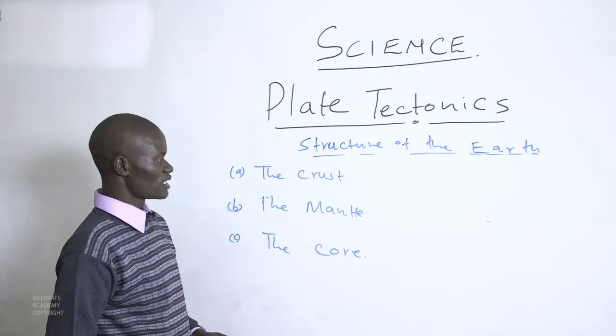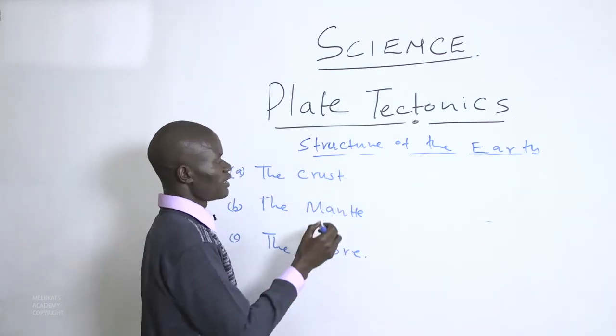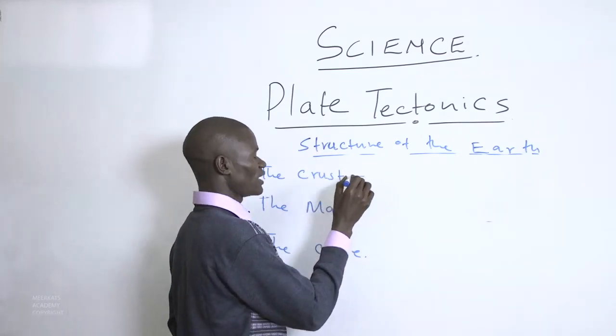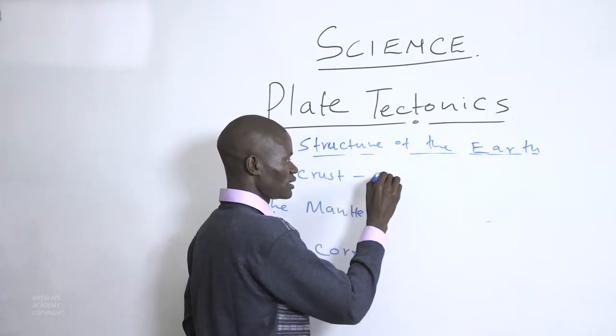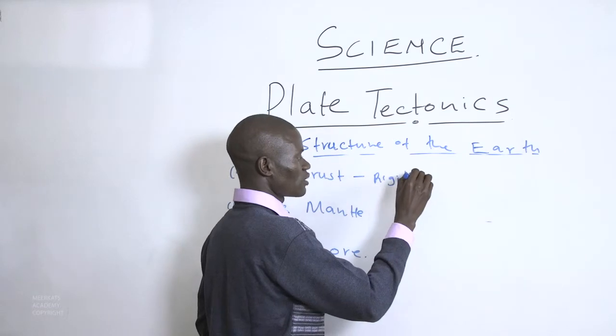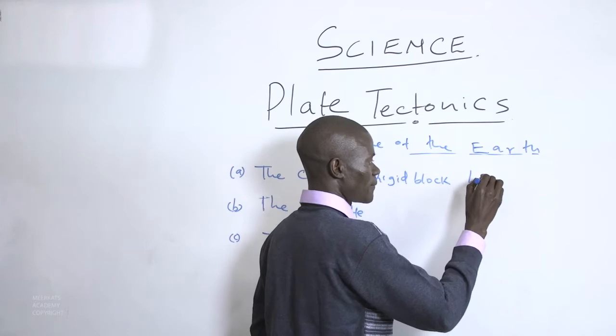Just to illustrate a few things about the Earth's structure, the crust is made up of one rigid block, also known as the lithosphere.